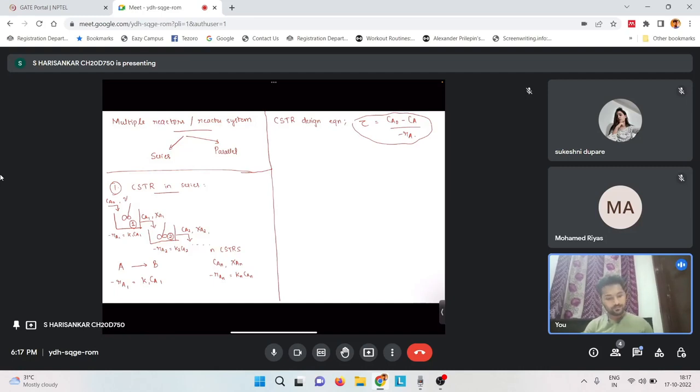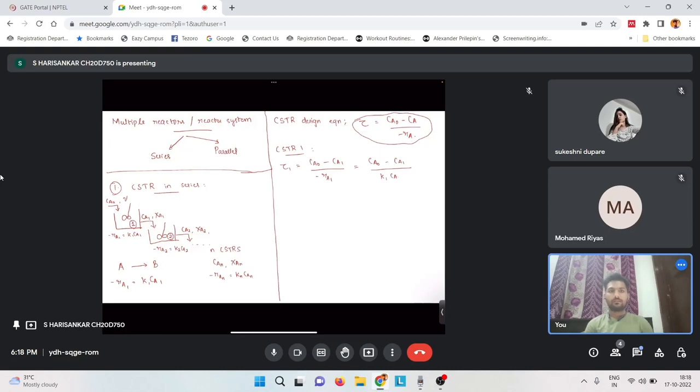Let's take CSTR1. Let tau 1 be the space time of the first CSTR. Then tau 1 will be Ca0 minus Ca1 by minus Ra1. If we expand minus Ra1 as K1 Ca1, it will be Ca0 minus Ca1 by K1 Ca1.